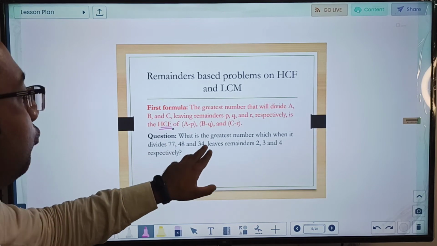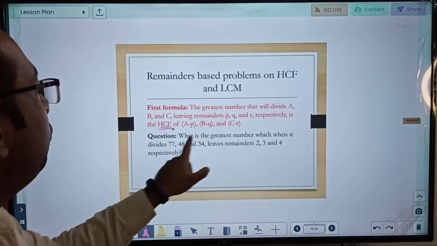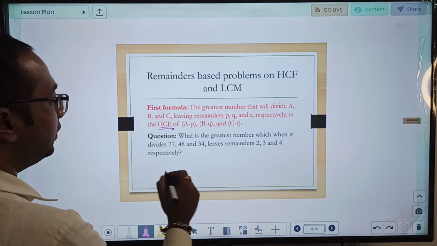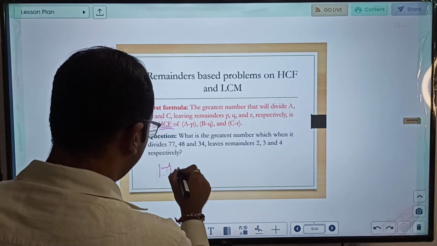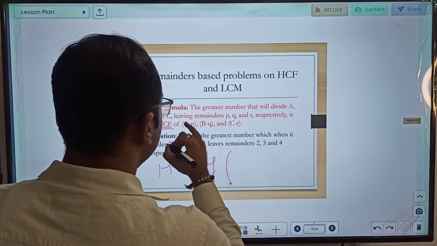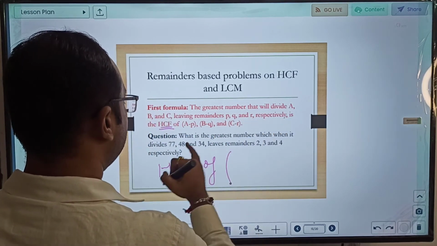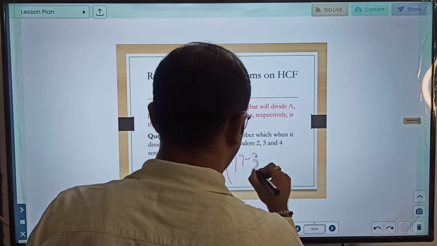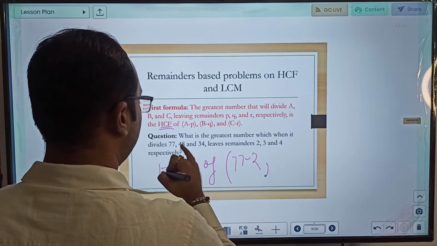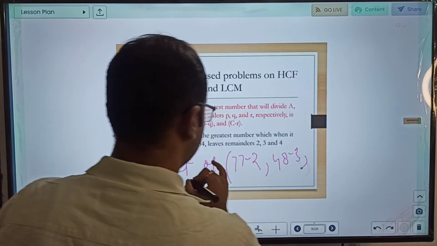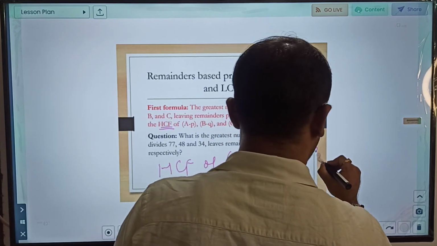So the question will be in this form: what is the greatest number which when it divides these numbers leaves remainders 2, 3, 4 respectively. So basically we have to find the HCF of A minus P. A is 77, P is 2. So 77 minus 2, 48 minus 3, 34 minus 4.